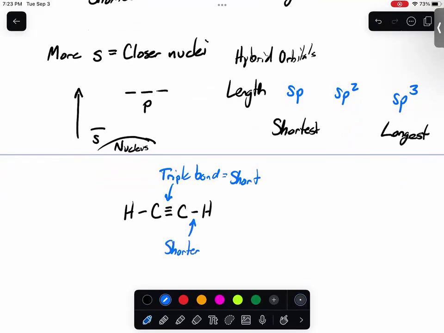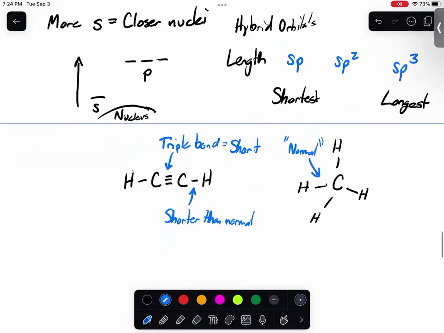And the reason we can say this is because we can compare it to something like methane, good old CH4. And if we were to call this sort of normal in this case, we can say that the CH bond in acetylene is shorter than the CH bond in methane because the CH bond in acetylene is made of an sp and s orbital.